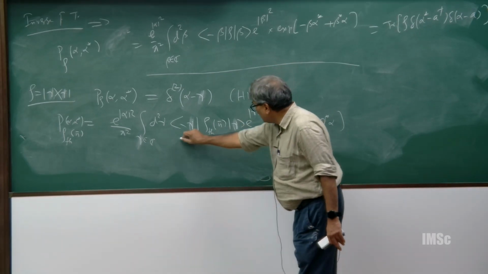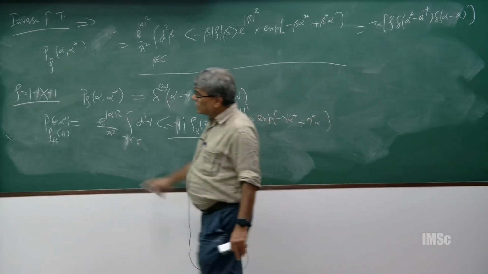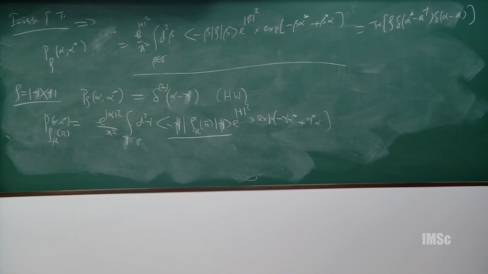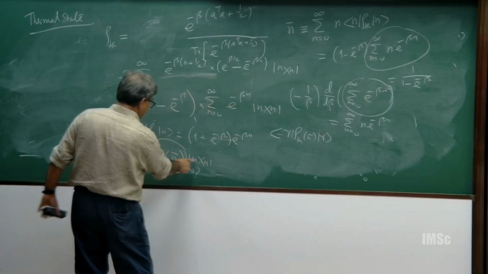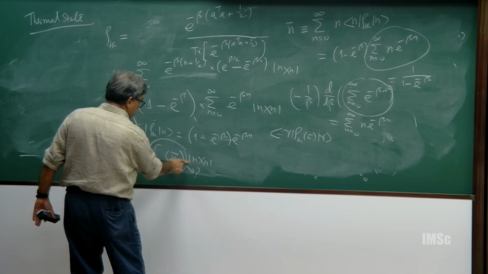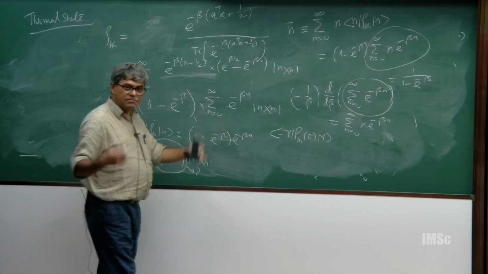So, basically you need to calculate this quantity, and how will you do that? You have this expression for rho thermal, and if you take this, it is now simple. What will you get here? The matrix element of gamma, rho thermal n bar, gamma. So, you will have to look at the overlap of the Fock state with respect to the coherent state, and that is very simple.